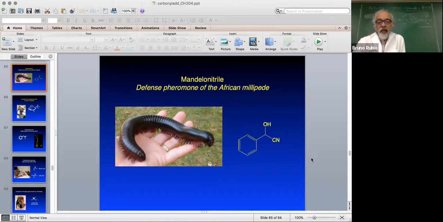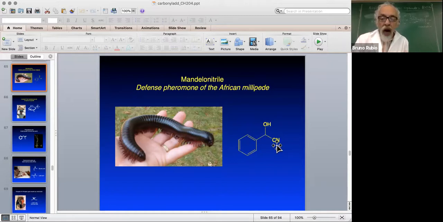This is the defense mechanism of the African millipede, so that when this millipede is attacked by a mongoose or a jaguarundi or whatever it is there in Africa that would like to eat this big juicy millipede, this millipede inside its body has this cyanohydrin.